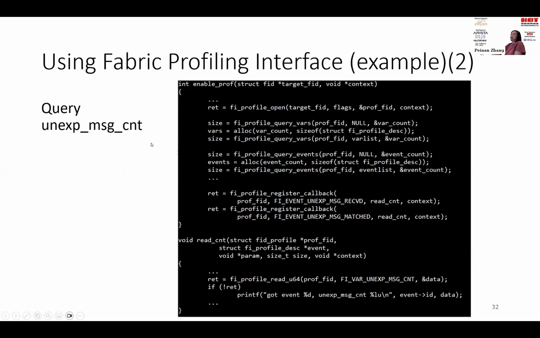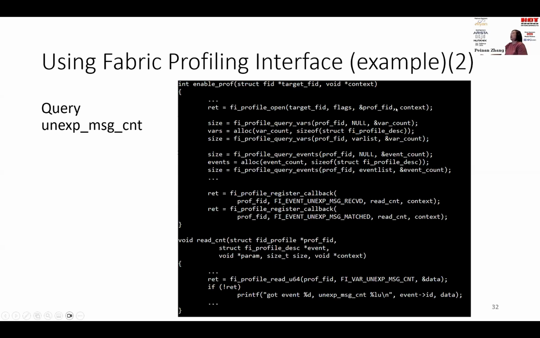Here is the code snippet for this enable profile function. We want to query the unexpected message count when this happens. So first we call fi_profile_open on a target object. The target object here is the endpoint FID, and we get a profile object back.